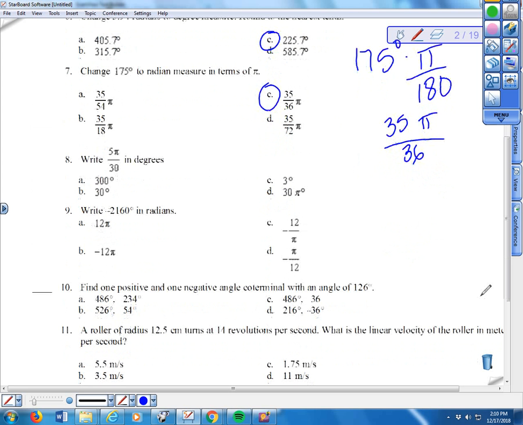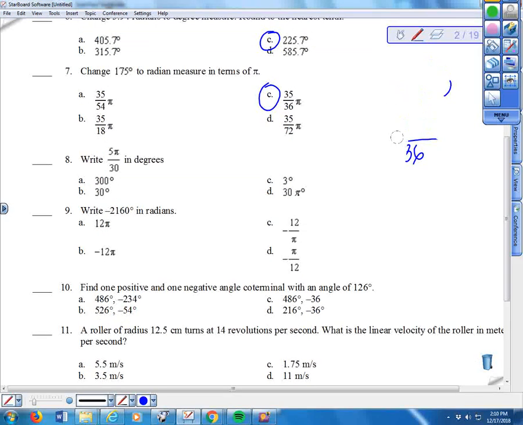Write 5 pi over 30 in degrees. 5 pi over 30 times 180 over pi. 30 goes into 180 60 times, right? 300.